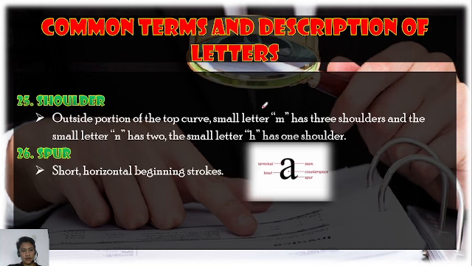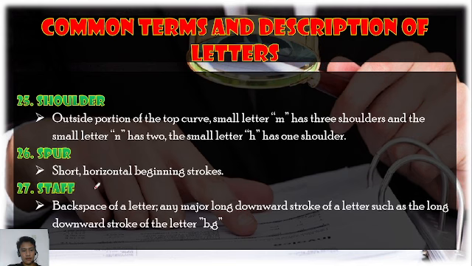So in comparison with the staff, backspace of a letter, or any major long downward stroke of a letter, such as letter B or letter G, these are the ones we mentioned kanina. But this is common for small letters.